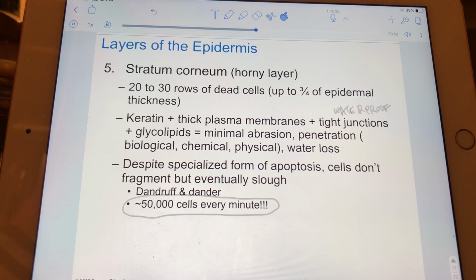And in between those flakes, we seal up those otherwise leaky spaces with glycolipids. And glycolipids are lost or extruded from keratinocytes just before they die. Okay, it's really stratum corneum, therefore, that is responsible for waterproofing.